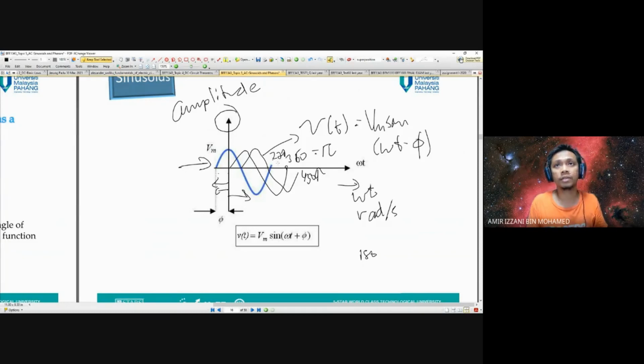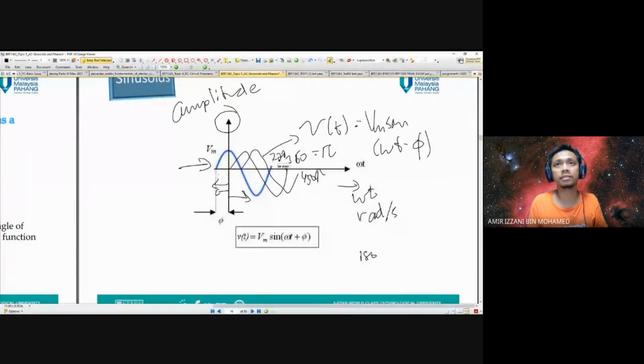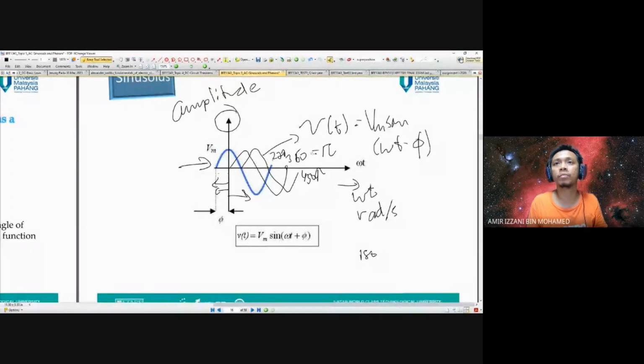So if this value here is 270, meaning it is 3/4 times 2 pi, which is 3 pi over 2. Here it is shifted by a quarter, half of pi, pi over 2.